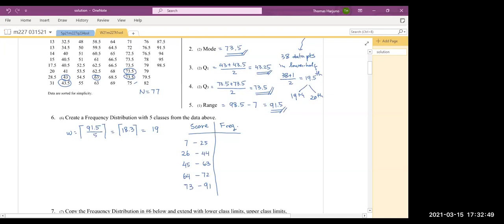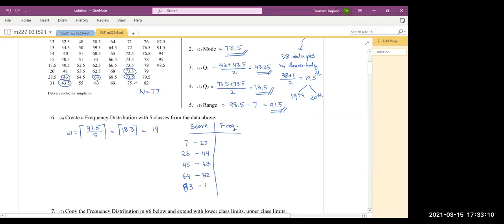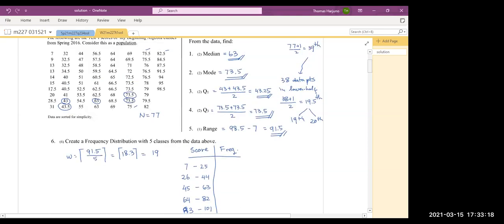Ah, here it should be 83, not 73. When I add 19, this is 82. When I add 19, that's 101. Ah, that's better. Okay, so now the frequency: 7 to 25, then 26 to 44, 45 to 63.